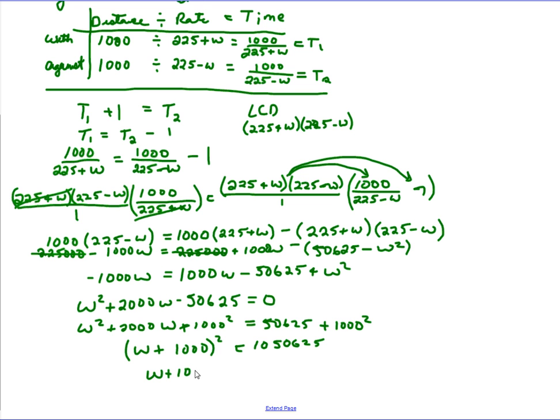So W plus 1,000 will equal positive or negative the square root of 1,050,625. I found when I took my square root that that is actually equal to 325.